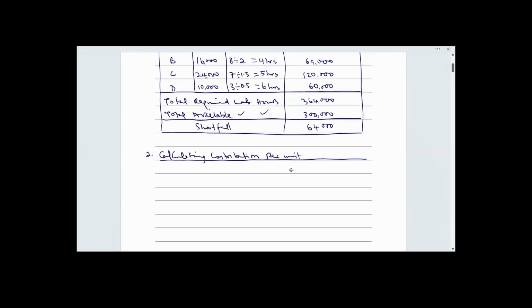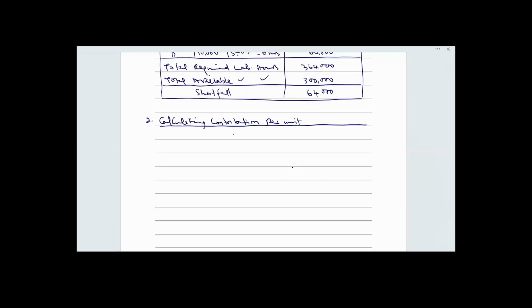There are 4 products, A, B, C, D. Therefore, I will go back to the question. How do I calculate my contribution per unit? In this question, I don't have selling price. I'm only given variable costs. I have material, labor, and variable overhead, so I can determine my variable cost, but I don't have selling price. How else am I going to calculate my contribution?